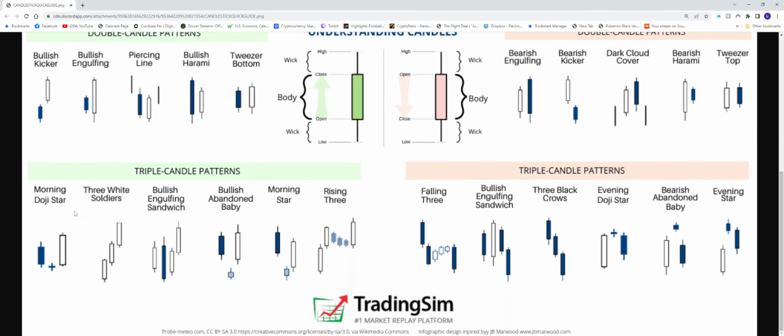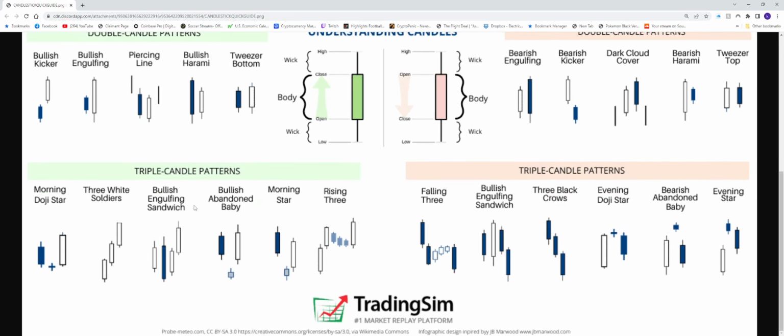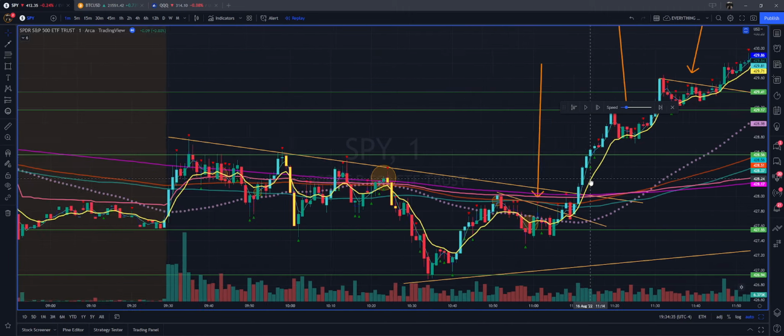A hammer is a good sign to the upside, but the hammer needs to be on the bottom, not on the top, right? Normally you see a morning star or a bullish engulfing signal, and that's what you see most of the time on the bull flag to confirm that it's gonna break the trend, right?